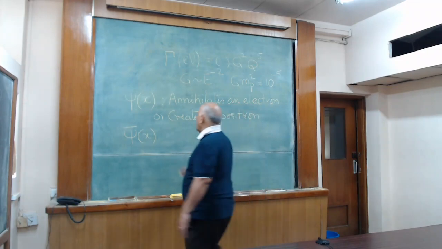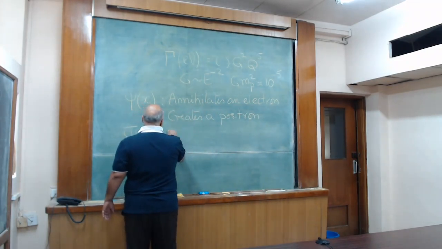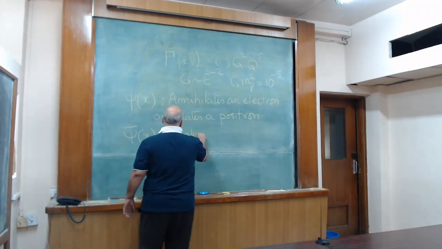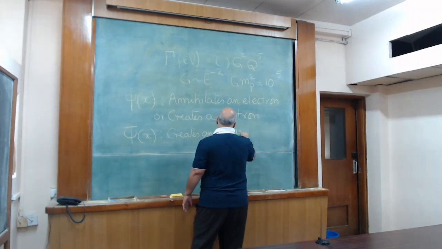So the psi bar creates an electron and annihilates a positron.